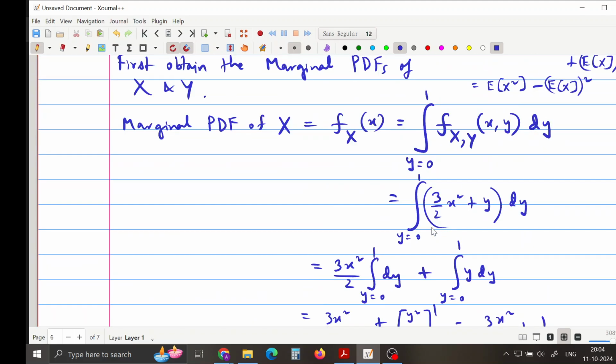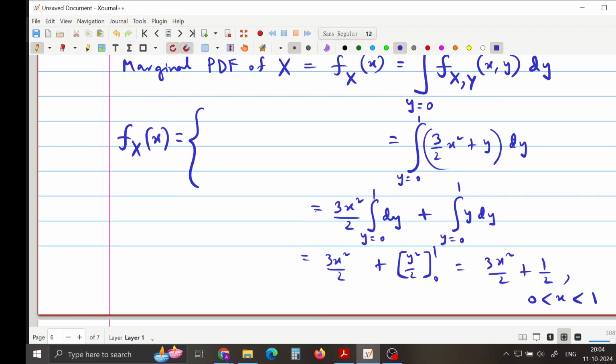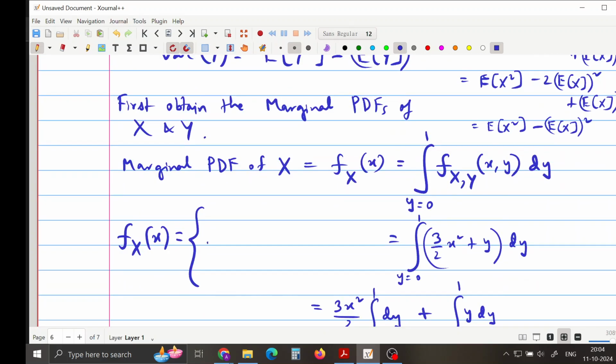Okay, so here what it means is the marginal of x, what we got before, is 3x squared by 2 plus half only when x is within this interval, 0 otherwise.